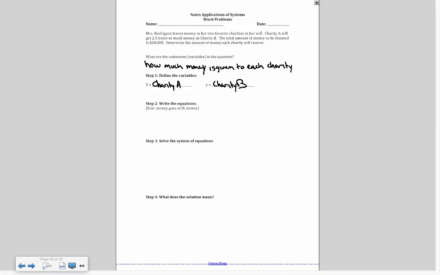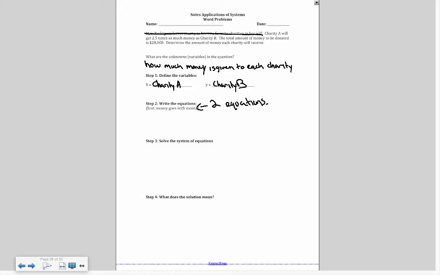So now I have to write some equations. Remember, there are going to be two equations to these. Okay? So, Ms. Rodriguez leaves money to her two favorite charities. That does not help us.